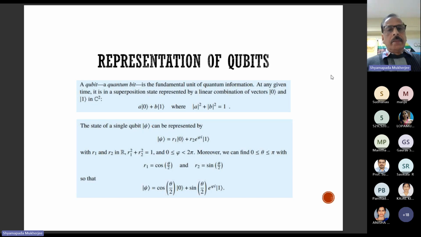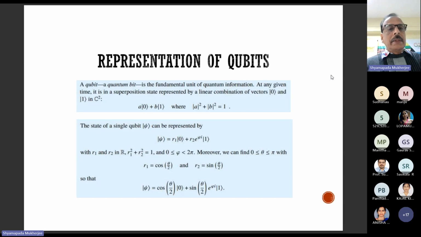A quantum bit is a linear combination of vectors 0 and 1 in C2, where C2 is a Hilbert space, and a qubit is represented by A|0> plus B|1>, where mod of A square plus mod of B square is equal to 1, and A, B are actually complex numbers. Why this mod of A square and mod of B square?